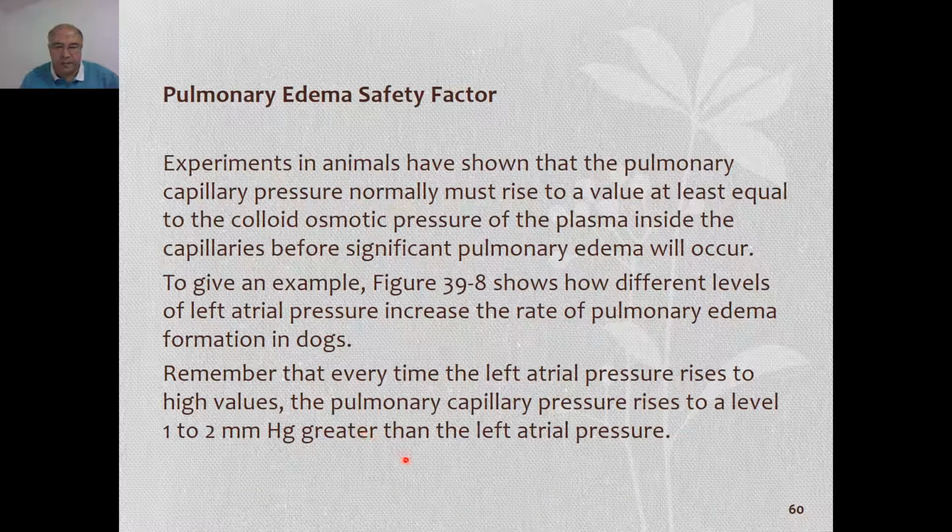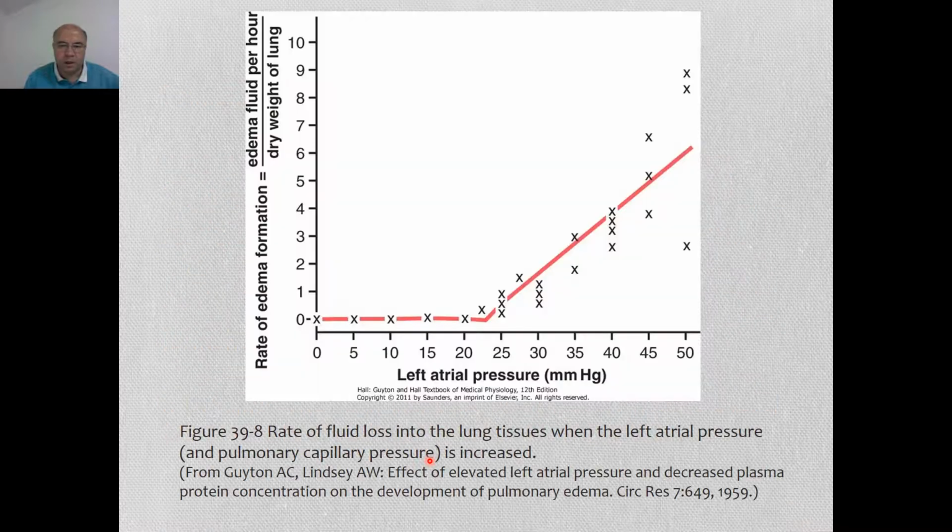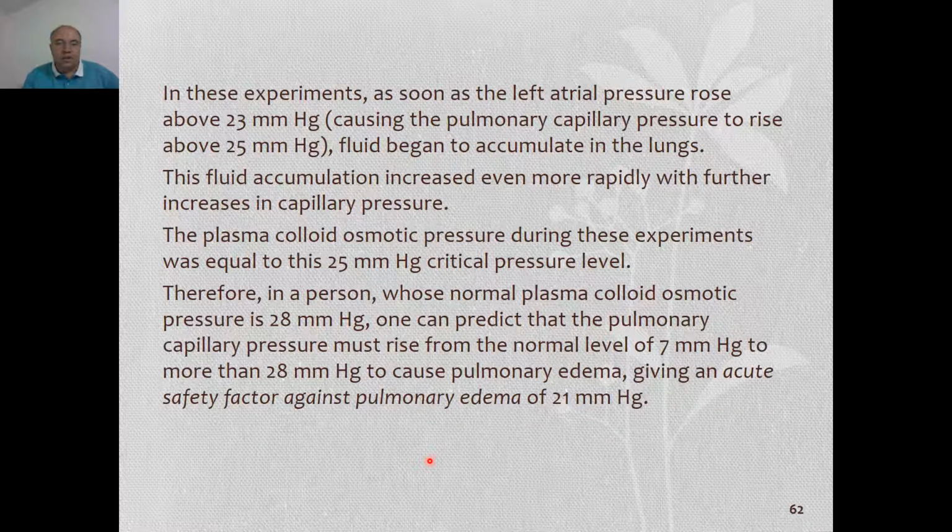Remember that every time the left atrial pressure rises to high values, the pulmonary capillary pressure rises to a level 1 to 2 mm greater than the left atrial pressure. In these experiments, as soon as the left atrial pressure rose above 23 mm mercury, causing the pulmonary capillary pressure to rise above 25 mm mercury, fluid began to accumulate in the lungs.